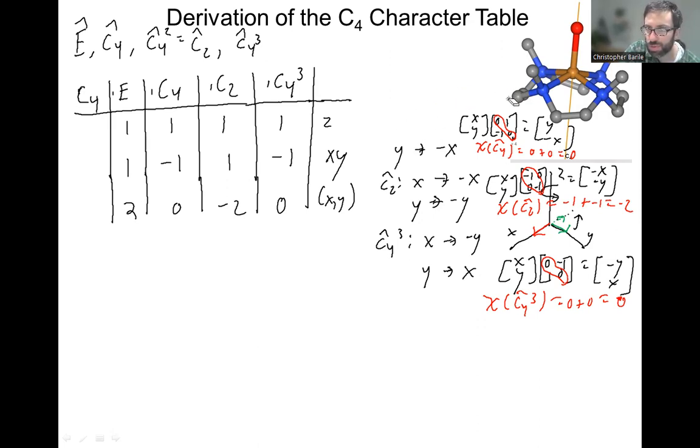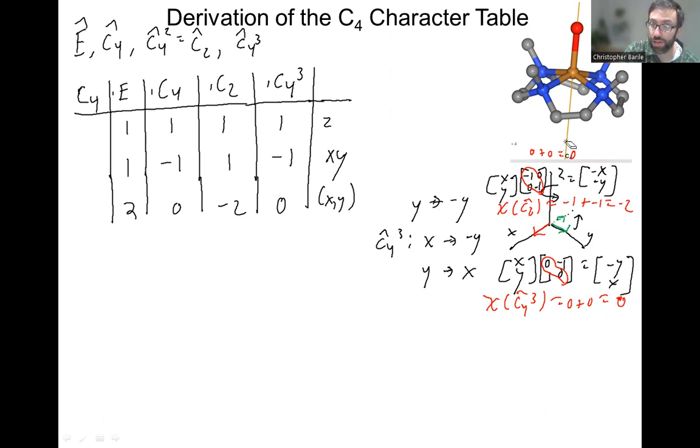And so while I erase this, I'll just remind you of the Mulliken symbol rules. The Mulliken symbol rules are that we assign the irreducible vector names an A or a B if the dimensionality is a 1. And dimensionality means the character under the identity, under E. So that first number, by convention, we're going to have an A or a B. Now, how do we know if we have an A or a B?